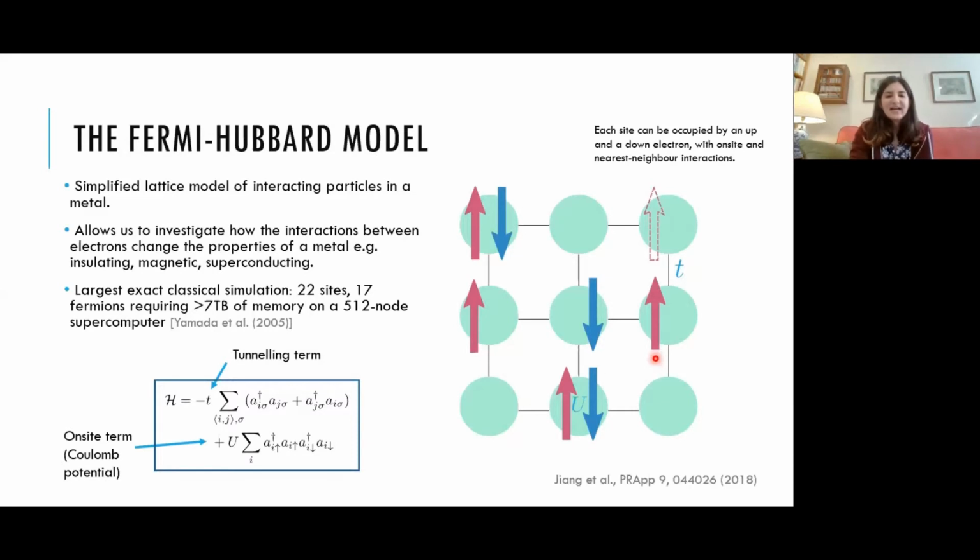The largest exact classical simulation was for 22 sites, and it required over 7 terabytes of memory on a 512 node supercomputer. This is where we think quantum computers could be useful, because 22 sites would map to 44 qubits, and you can see that being within range in the next couple of years.